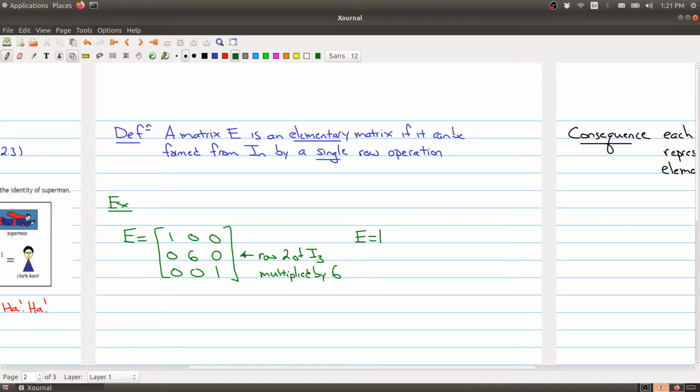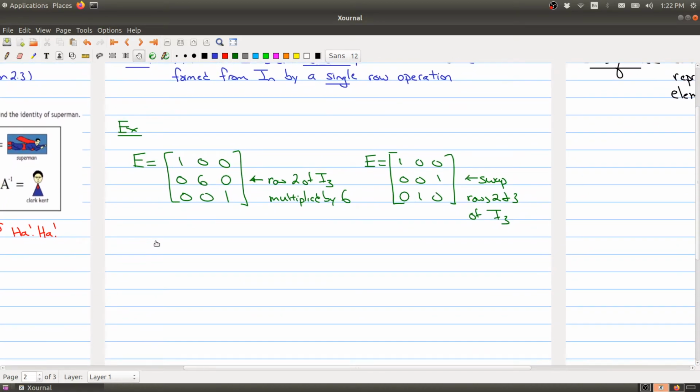What about some of the other elementary row operations? One of them is swapping. This matrix here is an elementary matrix because it's formed from the identity by swapping rows 2 and 3. So these are both examples of elementary matrices. One corresponds to multiplying a row by a constant, and the other corresponds to swapping rows. Then let's do the other elementary row operation, where you take a multiple of one row and add it to another.